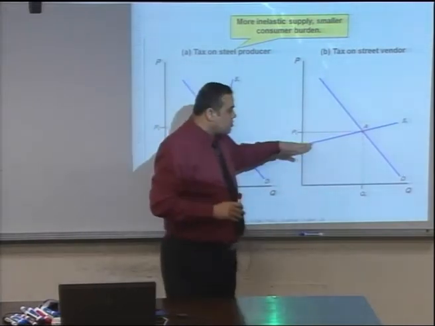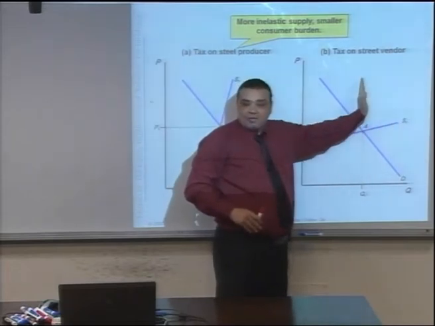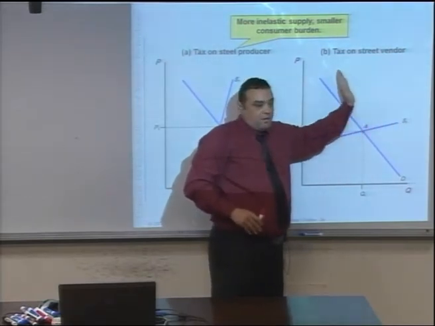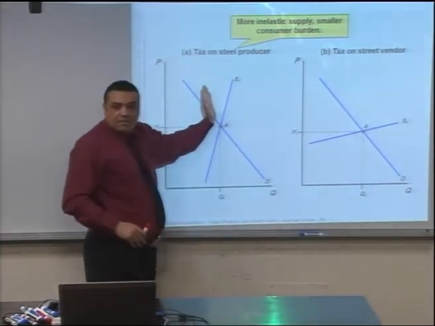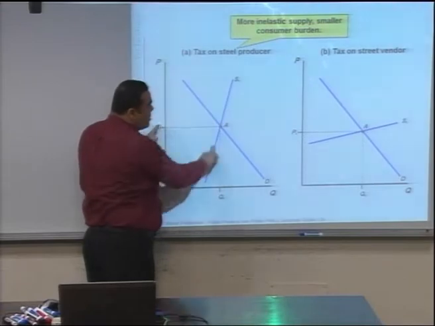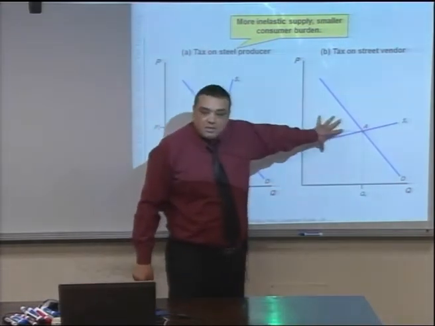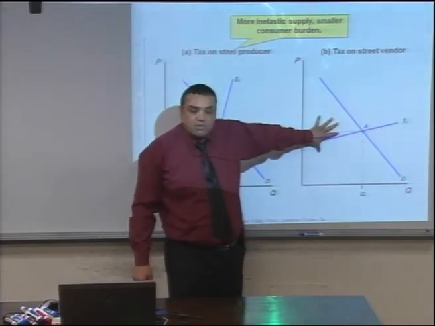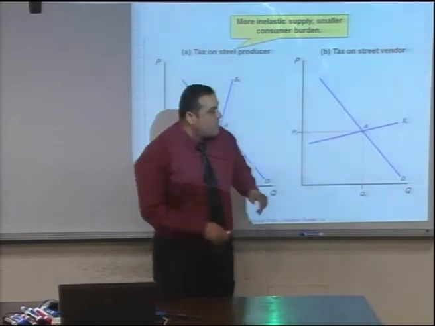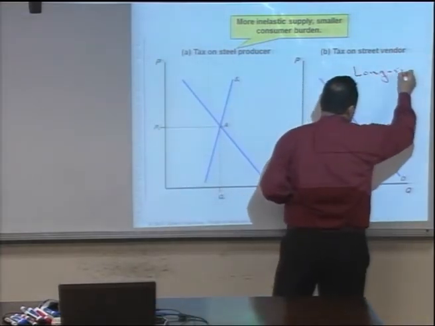In the long term, it should be elastic. In the mid-term, it should be unitary elastic. In the short term, inelastic. In the very short term, perfectly inelastic. In this case, supply is elastic, so here we work in the long term, or the long run.